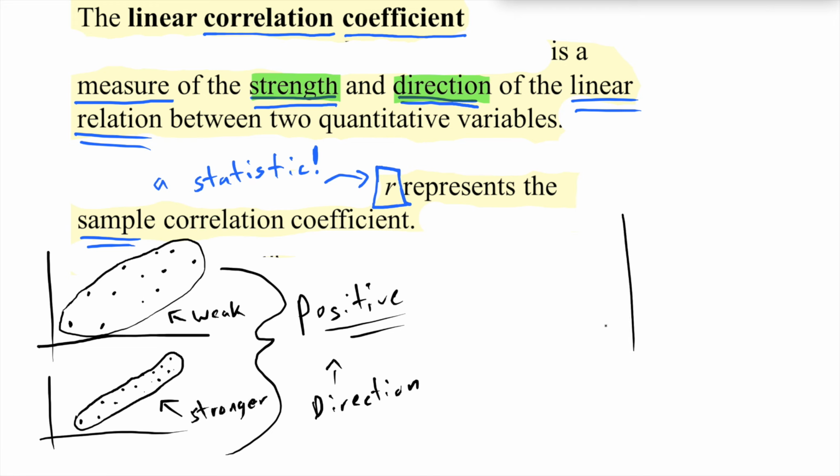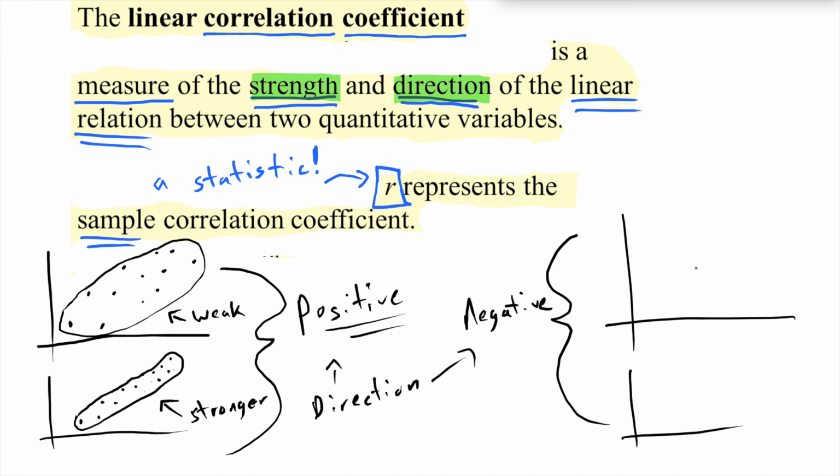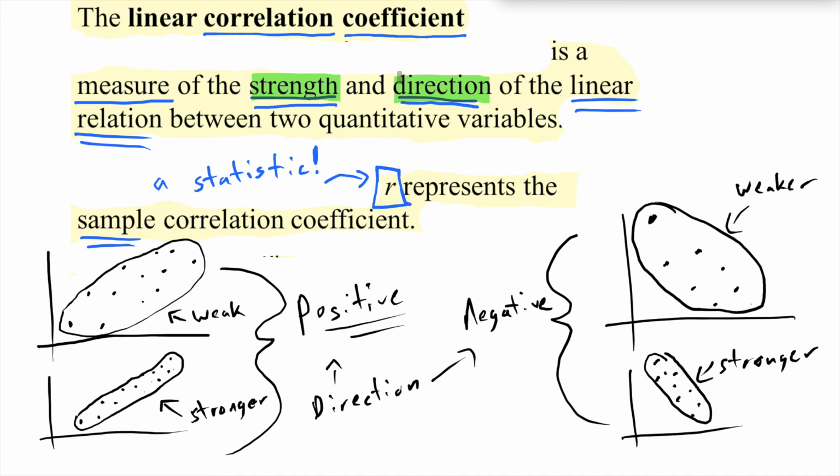And similarly, you could have two variables that have negative linear relationships, and the weak negative linear relationship would be more spread out. Again, the direction is really just whether it's positive, as one variable goes up, the other goes up, or negative, as one variable goes up, the other goes down.